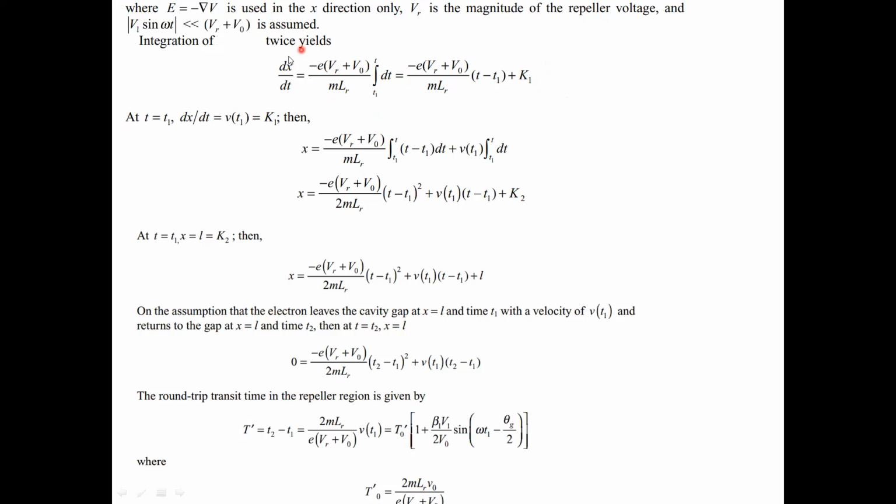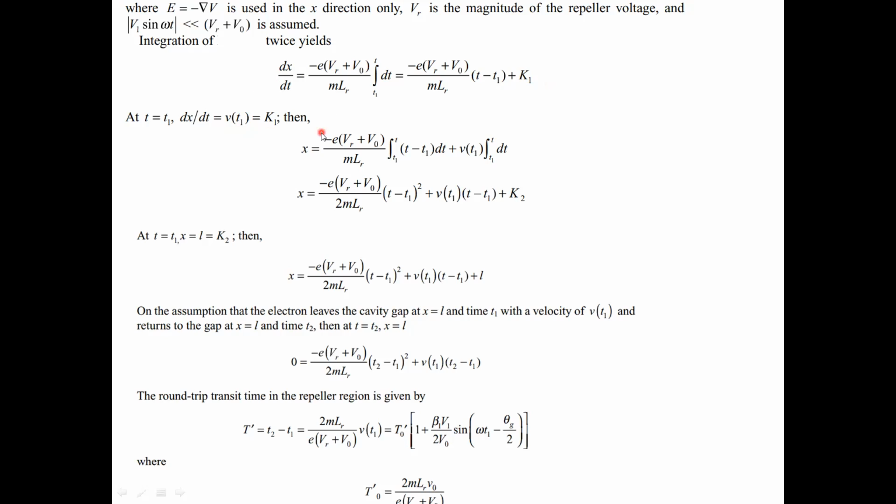So now apply the timing constraints. At a time t equals to t1, what is the status of dx by dt? That is the velocity of the electron v of t1, which should be equal to k. Clear?